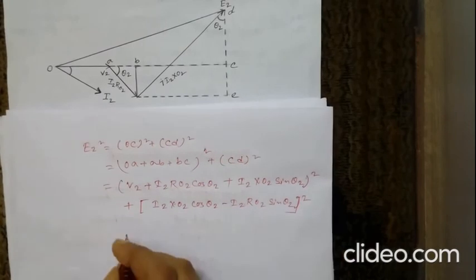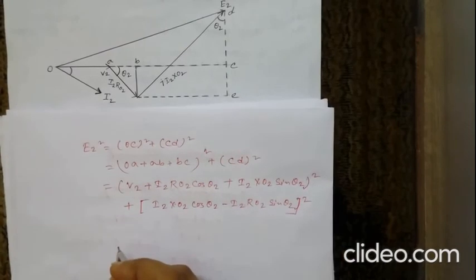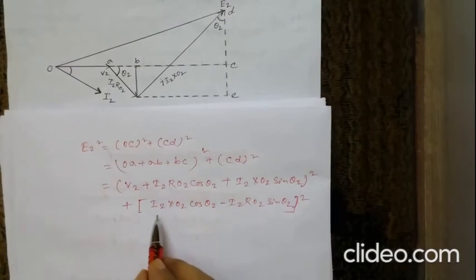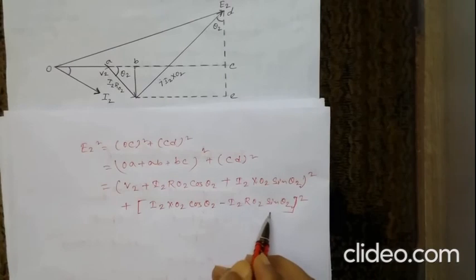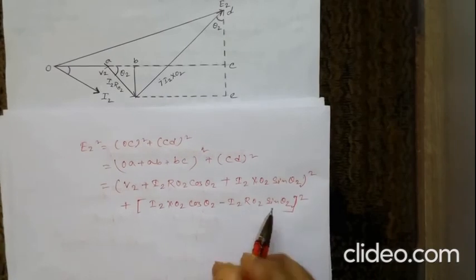As I2 is a secondary current lagging V2 by angle theta 2, and as I2 X02 cos theta 2 minus I2 R02 sin theta 2 is very small, we can neglect this term.